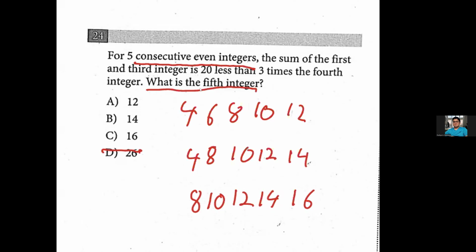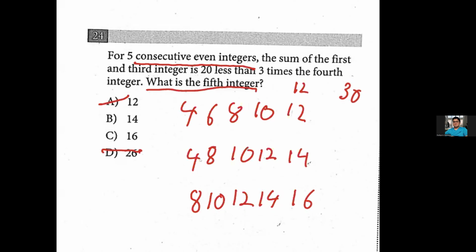So the sum of the first and third integer would be 12 in this case, and 3 times the fourth integer would be 30. So is this 20 less? Well, 30 minus 20 is not equal to 12, so the correct answer is not A.